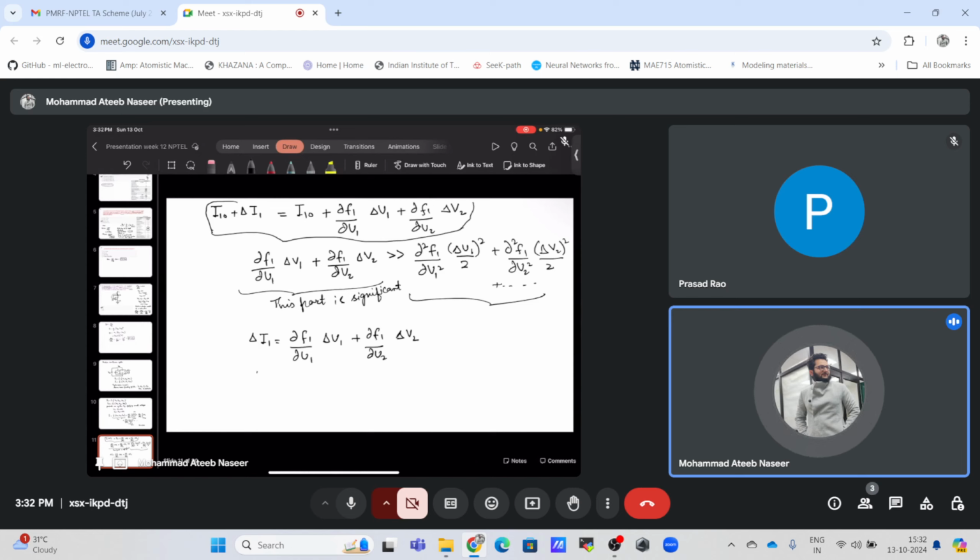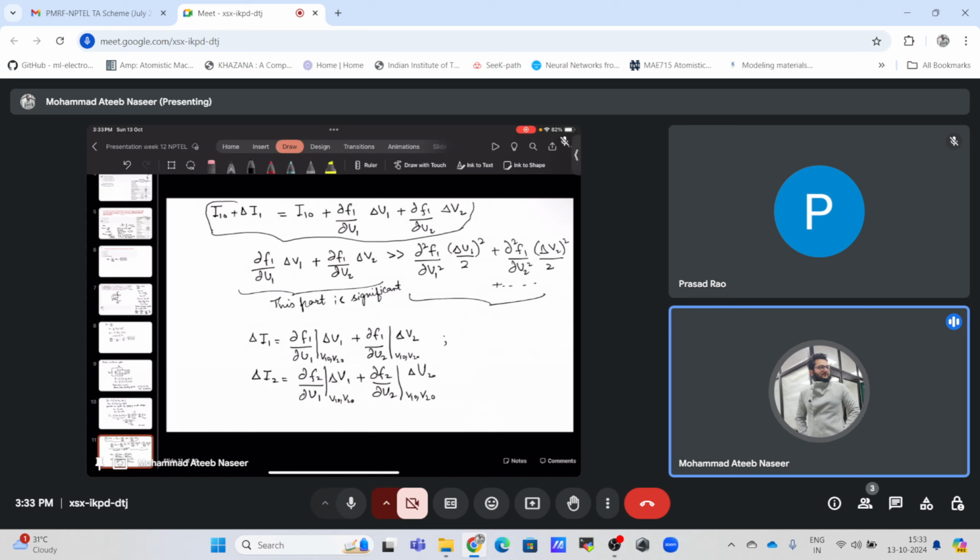Similarly, delta I2 can be written as df2 by dv1 delta v1 plus df2 by dv2 delta v2, and all these are at constant operating points v1 0, v2 0. I didn't write it for all the cases because it was understood. So this delta I is the small signal change in the current.